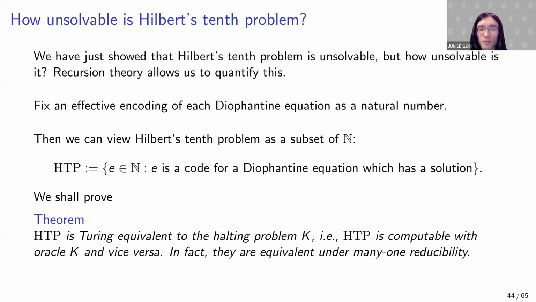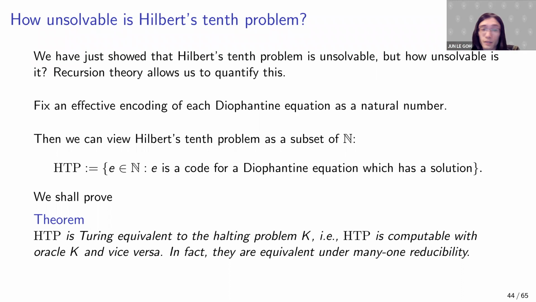The formal statement is that HTP is Turing equivalent to the halting problem K. This is a recap from what Patrick said: Patrick mentioned oracle computation. There's the idea of a Turing machine, and then there's the idea of a Turing machine which has access to an oracle.